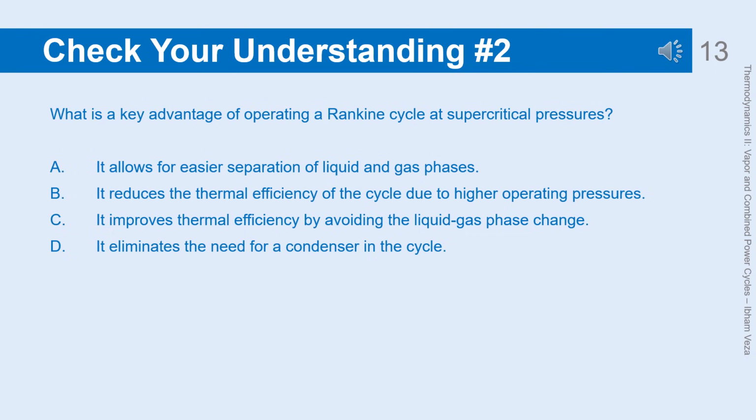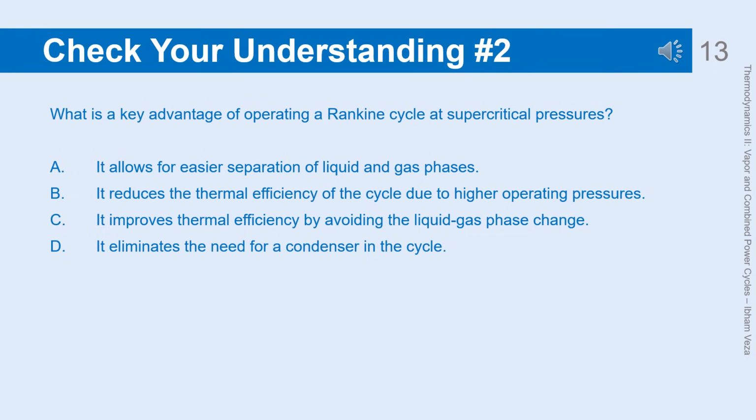Explanation of why other answers are wrong. A. It allows for easier separation of liquid and gas phases. Incorrect, because supercritical operation avoids the liquid-gas phase change altogether, so separation is not relevant. B. It reduces the thermal efficiency of the cycle due to higher operating pressures.